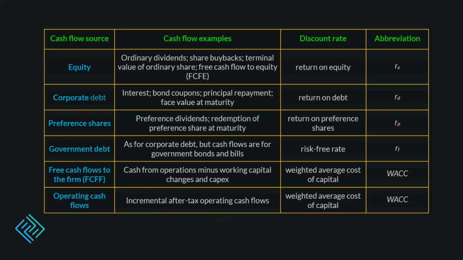And finally, we have operating cash flows, which are also discounted at the weighted average cost of capital. In this particular situation, we are talking about the evaluation using capital budgeting of a potential project. So this final situation is more of a corporate finance scenario.